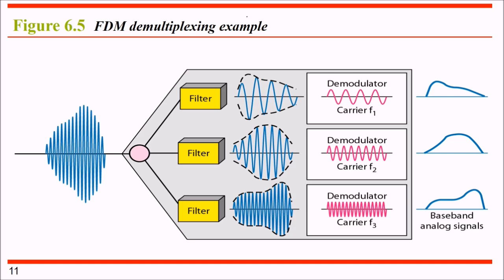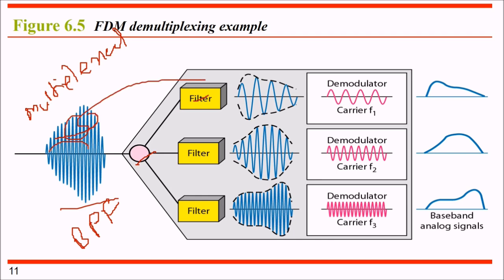What about the other end? Who is going to receive, what is he going to receive, and how? We have just one channel, one signal, but this is a multiplexed signal. So there is a filter, or we can call it a band pass filter. For every frequency, there is a filter. So the first one goes here, second one here, third one here.